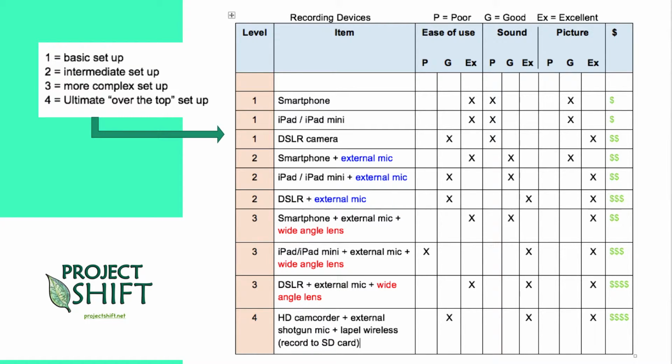So you can see in the left-hand column, anything with a level 1 is a very simple basic setup. As you look across, we've looked at ease of use, quality of sound, and the quality of the picture. As you progress down the chart from top to bottom, you'll see that it becomes more complicated. Remember, generally, the more complicated it becomes, the more expensive it becomes as well. And we're here to help you sift through these combinations in order to put together a setup that works.